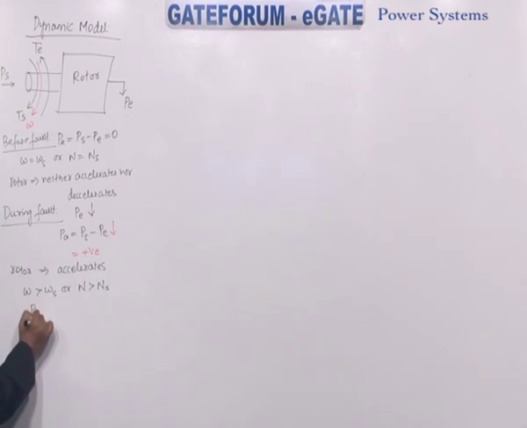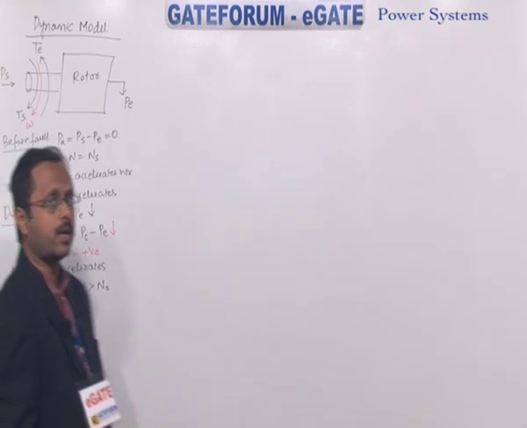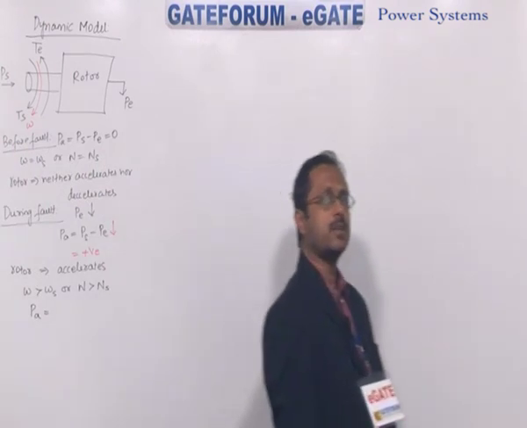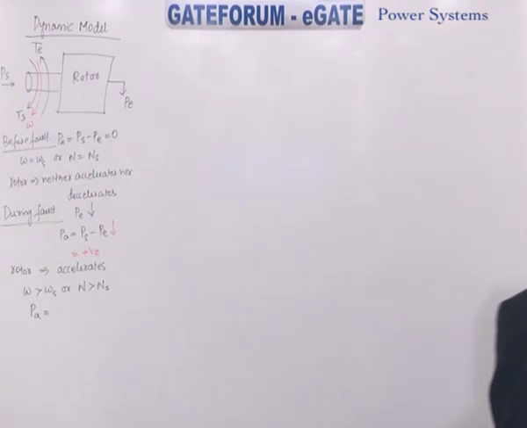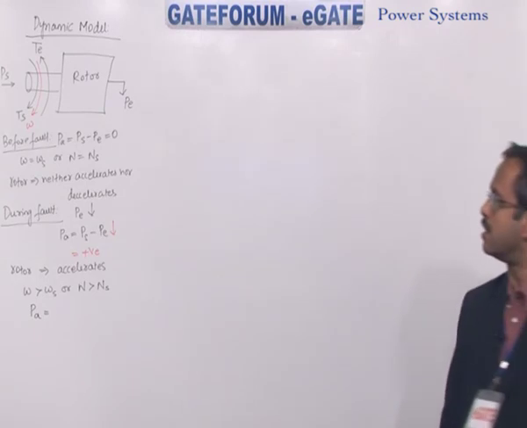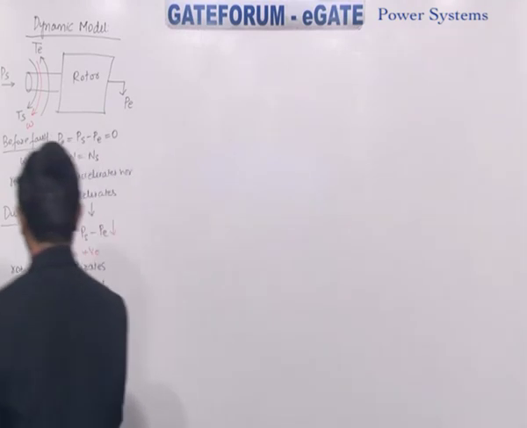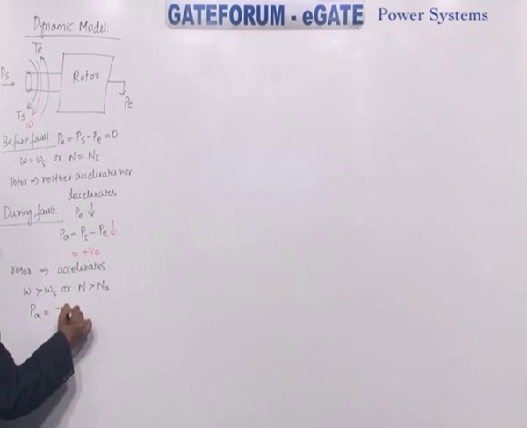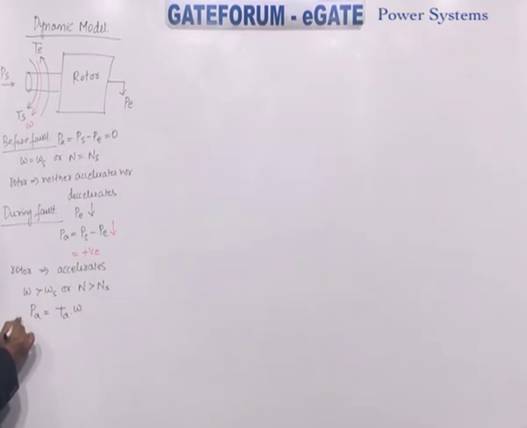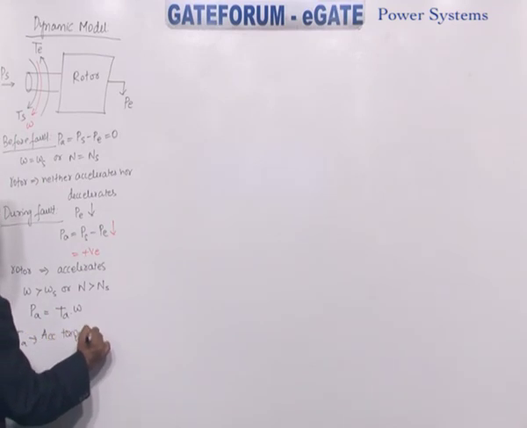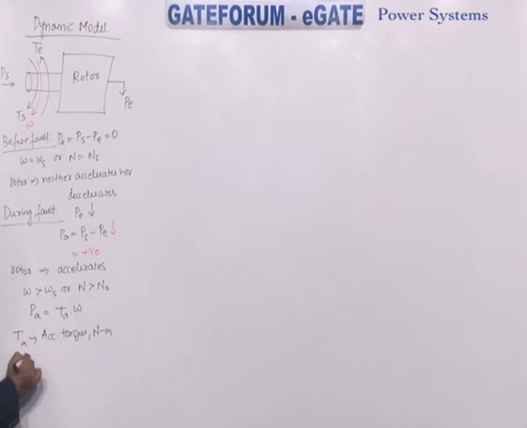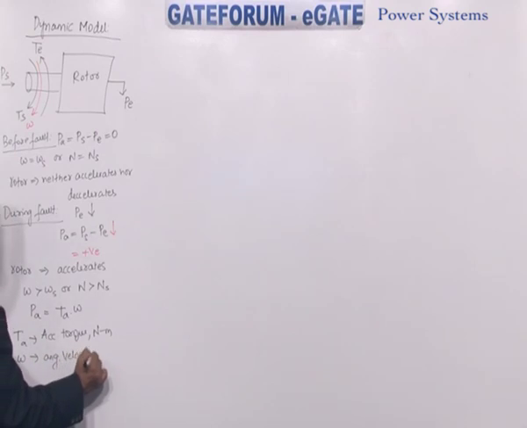Now how to find out that accelerating power? Accelerating power of the rotor, in terms of the kinematics of rotating machine, is given as TA into omega. What is TA now? It is the accelerating torque expressed in Newton meters. What is omega? Angular velocity of rotor.